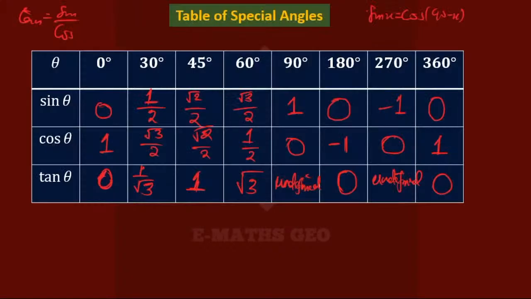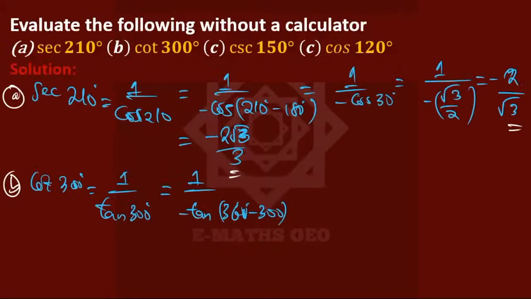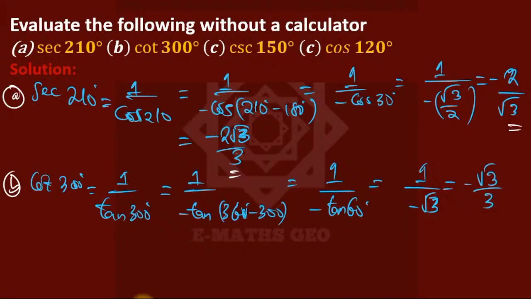So the given angle is 300. So you have 1 over minus tan 60. Now what is tan 60? Root 3. Yes. So you can decide to rationalize, multiplying numerator and denominator by root 3. That's the answer, minus root 3 over 3. Anyone with this.